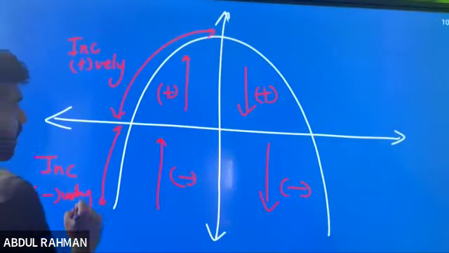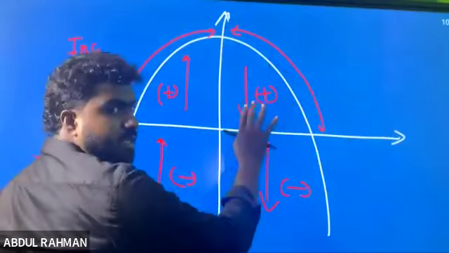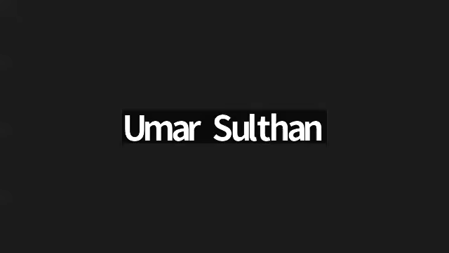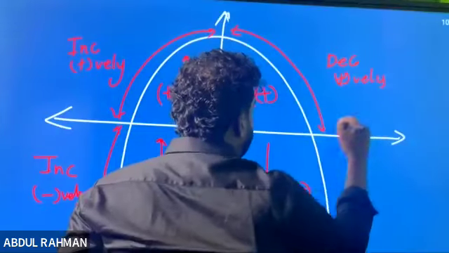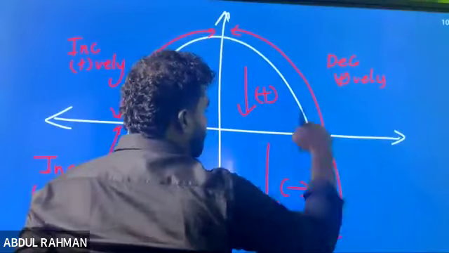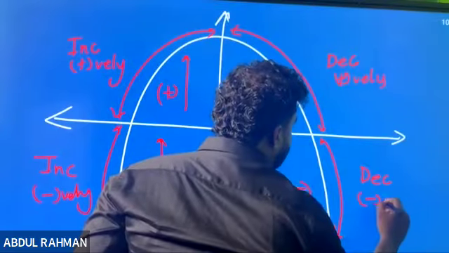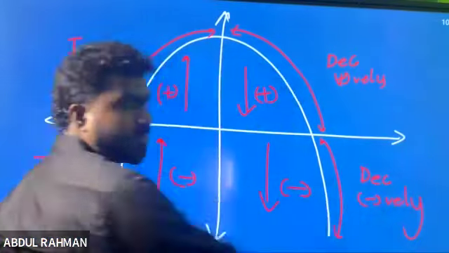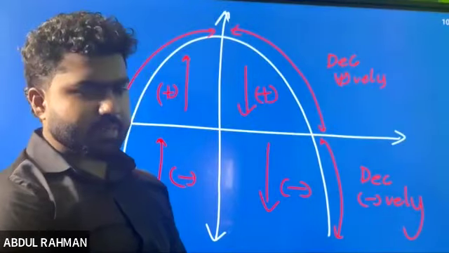How can I define this portion of the graph? Decreasing positively. What about this portion of the graph? Decreasing negatively. Is that clear how to define the portions of the graph? Yes or no? Everyone, give me a thumbs up.